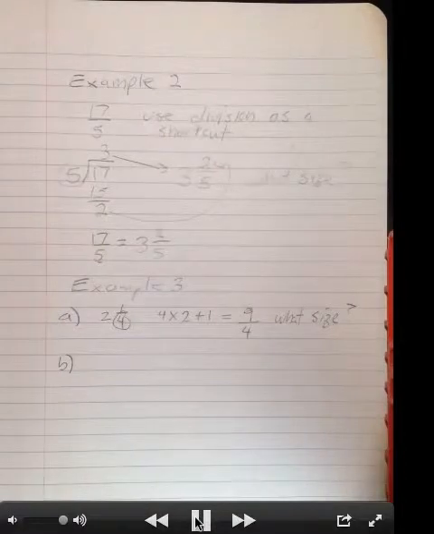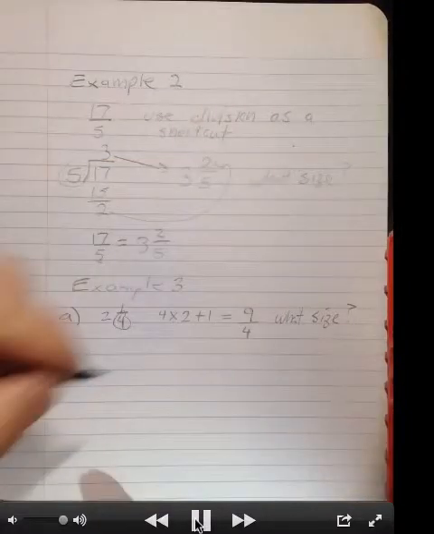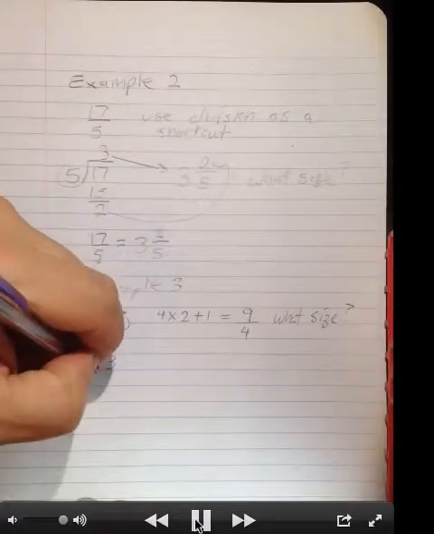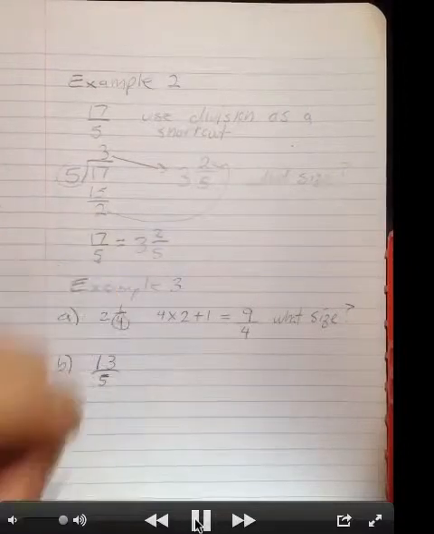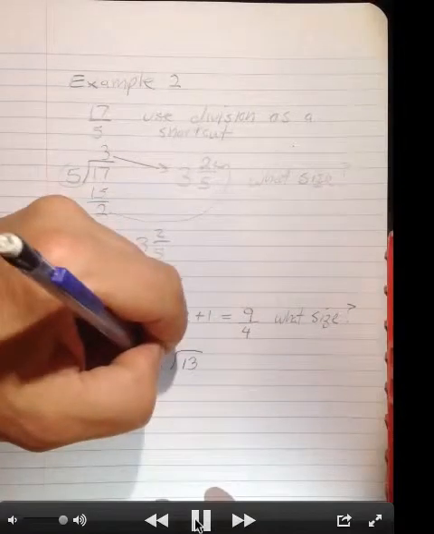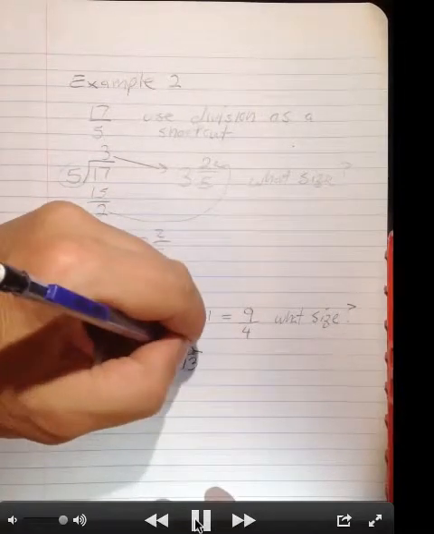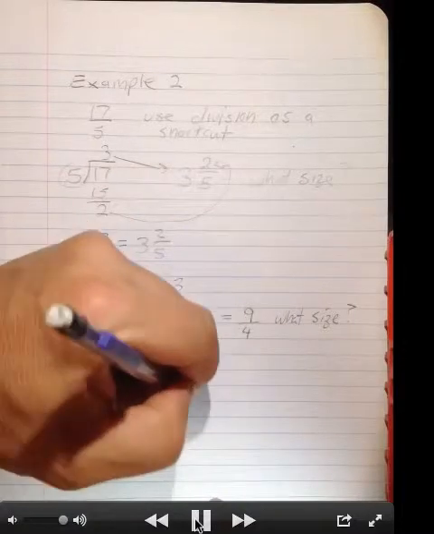Example 3b is 13 fifths. So we're going to do 13 divided by 5. 5 goes in 2 times. 2 times 5 is 10.